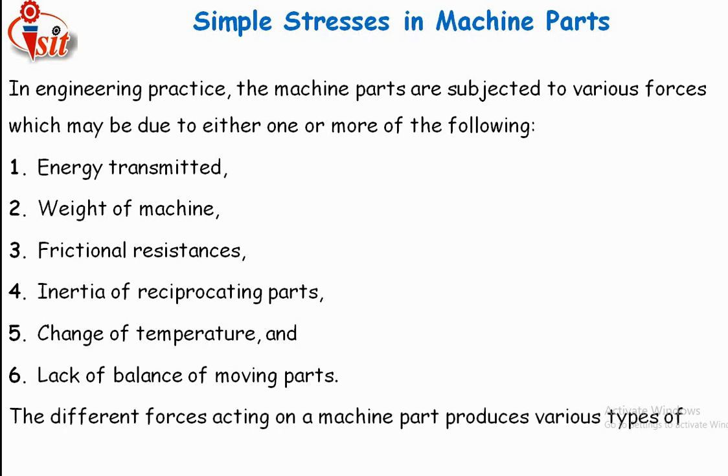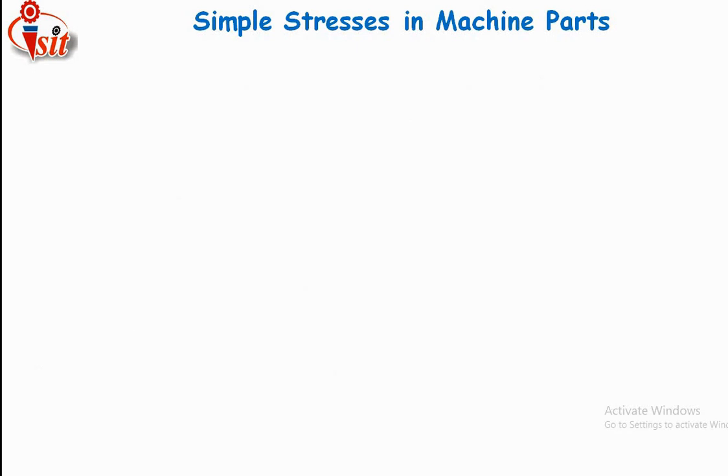These different forces acting on a machine part produce various types of stresses. These are the parameters which are responsible for the action of different types of loads on a machine part. Due to the application of these loads, stress is induced in the machine component. That means the machine component is subjected to different types of stresses.